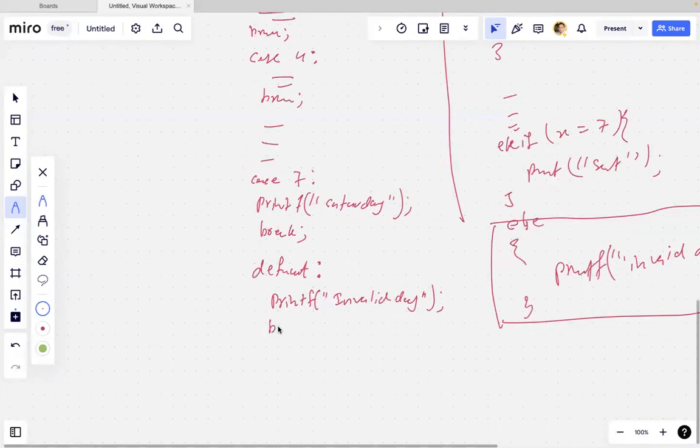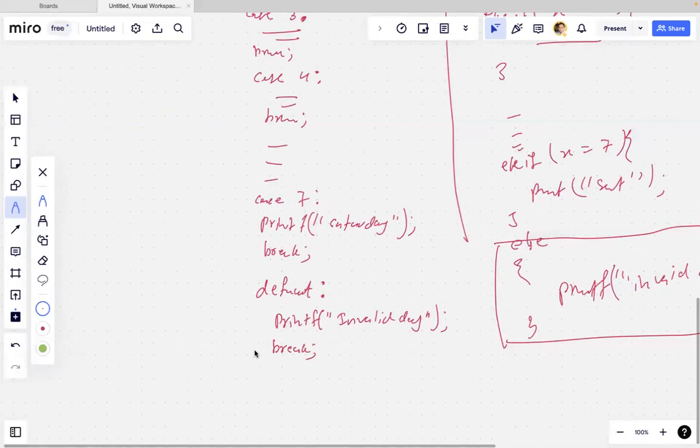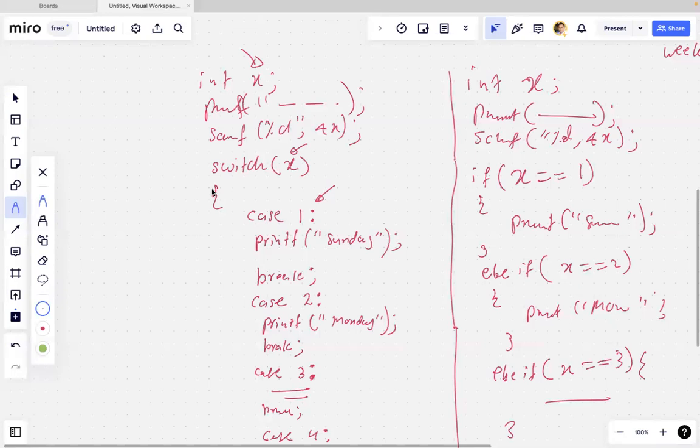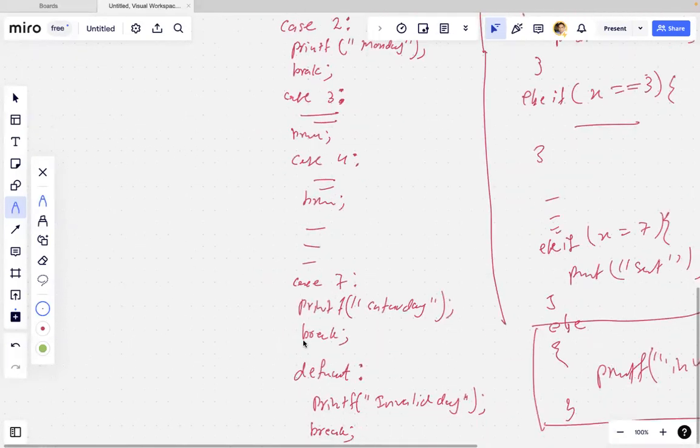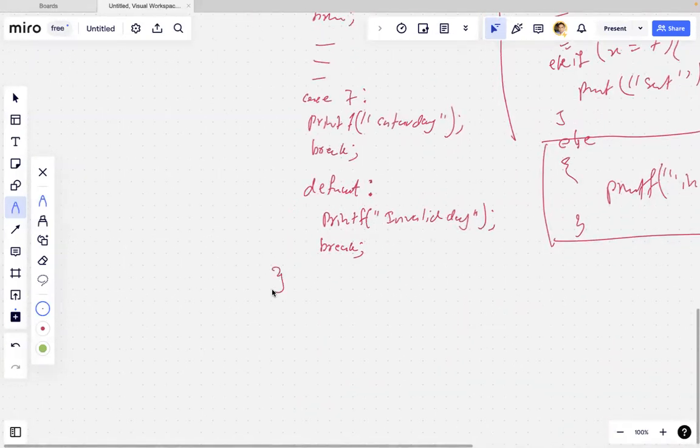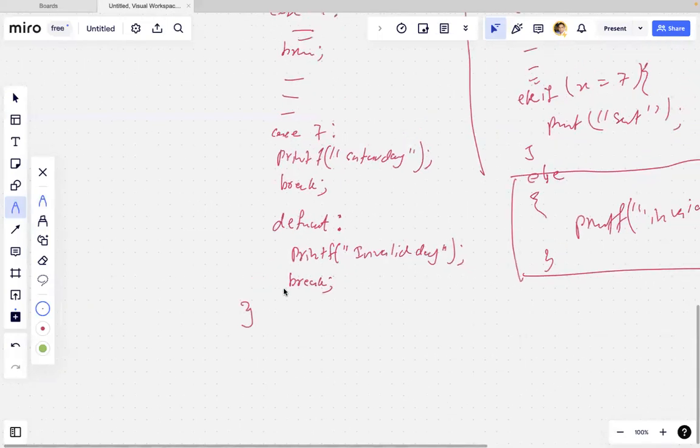After that, break. Then this is the starting curly brace of the switch, and here this is the end. Now this is the ending curly brace of the switch.